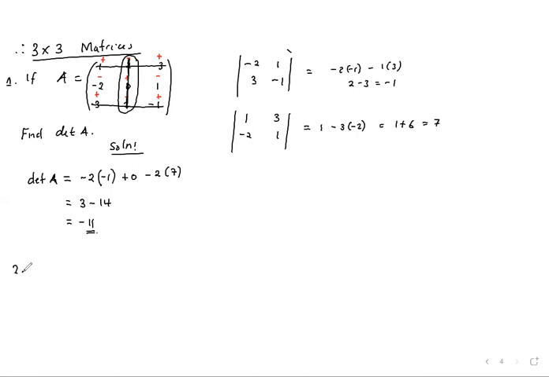Negative 2 by negative 1. Let's go through. The first one is negative 2. Then we cancel and remain with negative 2, 1, 3, negative 1. Second one, we cancel 2. We have 1, negative 2, 3, 1.